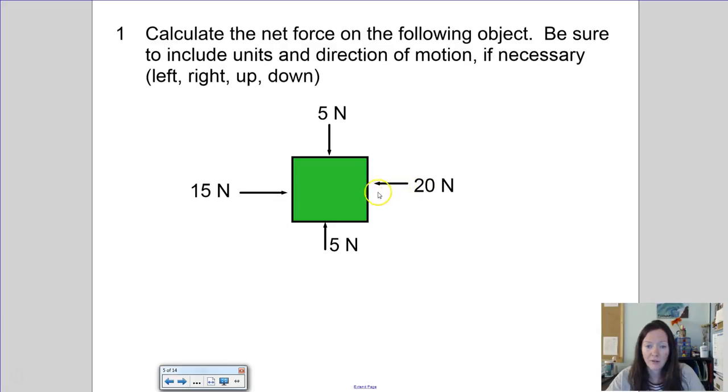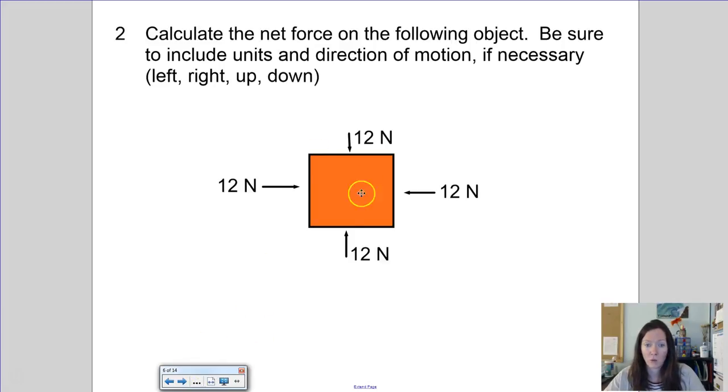Here we have forces acting in opposite directions, but notice the numbers are different. So 20 minus 15 is 5 newtons. So now we have a total of 5 newtons of net force acting in this direction. That means that something is pushing harder from this side than this side.